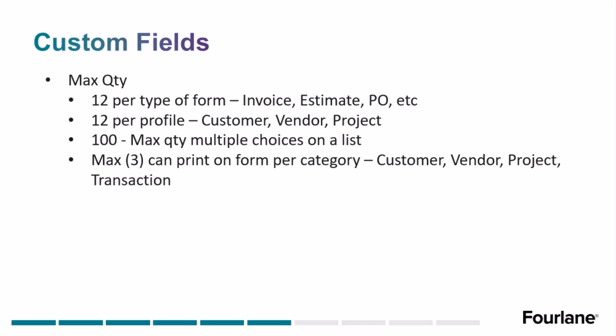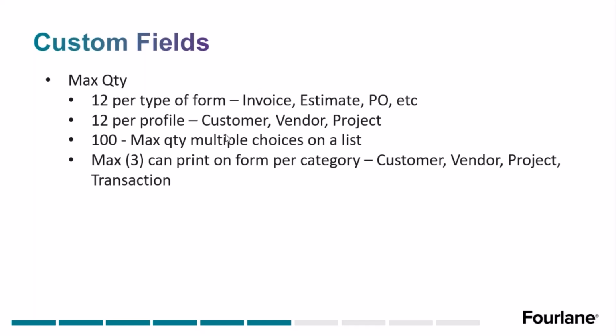You can have 12 custom fields on invoices, 12 on estimates. If I ever have somebody who has 12, I kind of want to talk to them about it and ask why, because you can only print 3 on a form. Do I really have 12 extra things I need to track?